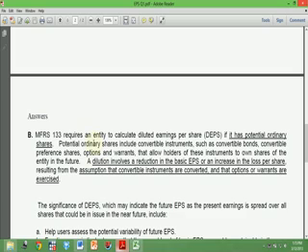Potential ordinary shares include convertible instruments such as convertible bonds, convertible preference shares, options, and warrants, which allow holders of these instruments to own shares of the entity in the future. Dilution involves a reduction in the basic EPS or an increase in the loss per share, resulting from the assumption that convertible instruments are converted and that options or warrants are exercised.